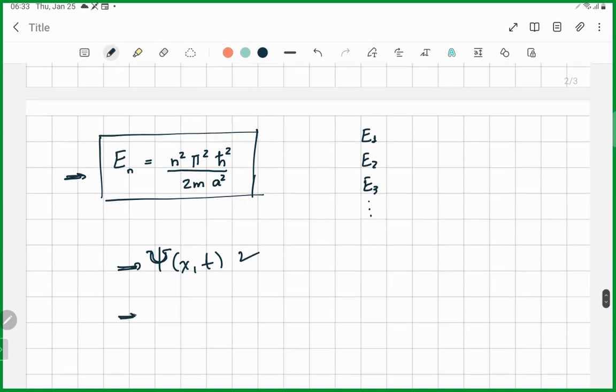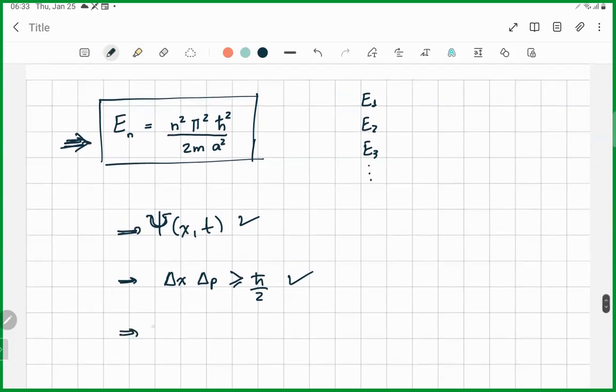Another thing that we discussed, which is another important concept in quantum mechanics, is that we can never know the position and the momentum at the same time with absolute precision. There is always an uncertainty associated with them. That was the uncertainty principle. What have we just found now with this equation?